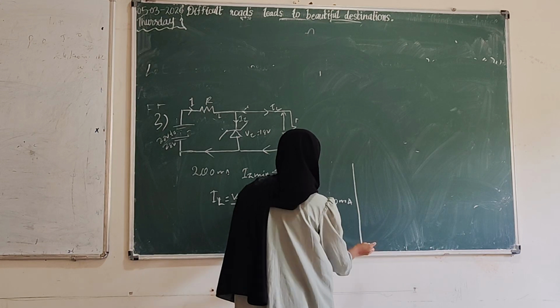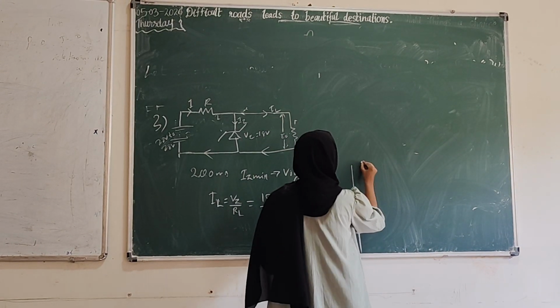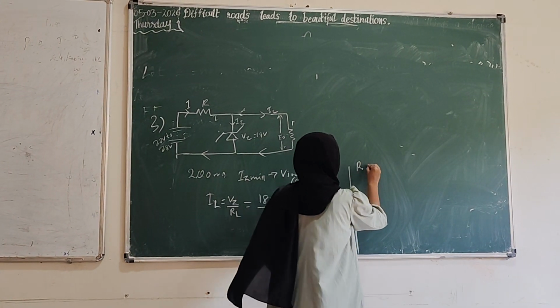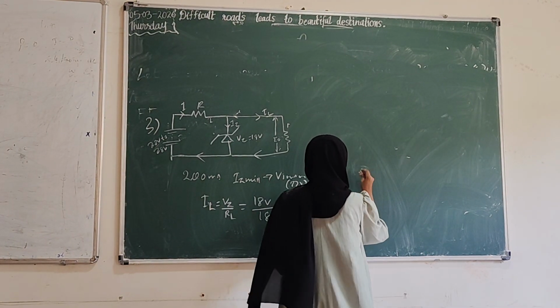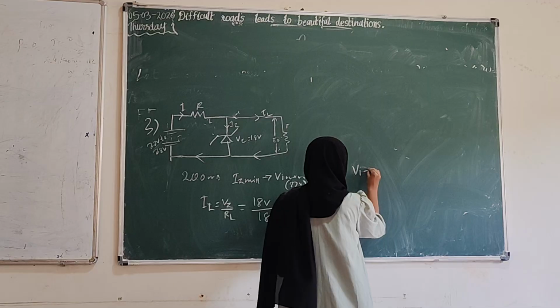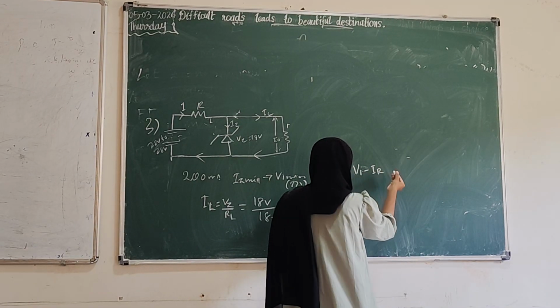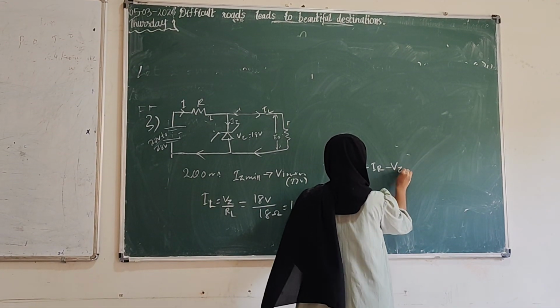Now we want to find the series resistance by applying Kirchhoff's law. So here VI minus IR minus VZ is equal to 0.